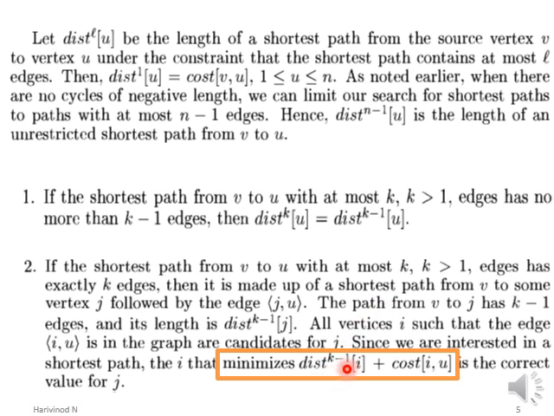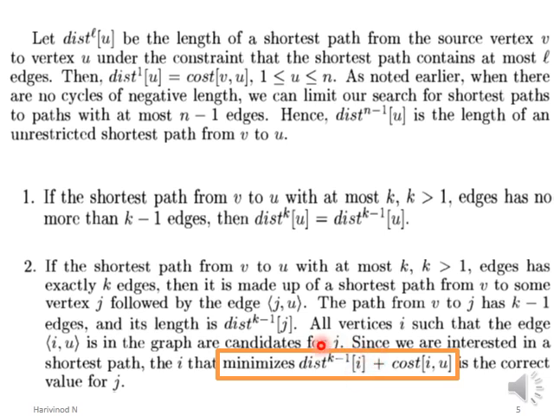Let there be a distance from V to I that is given by this, and there is a direct single edge from I to U. So we are finding the path from V to U through I. Let us say the shortest distance up to I is given to us, which uses k minus 1 number of edges, which is nothing but dist k minus 1 of I. Now the distance from I to U is given as cost I U. So dist k of U is given as dist k minus 1 of I plus cost I U. We have several candidates for I here.